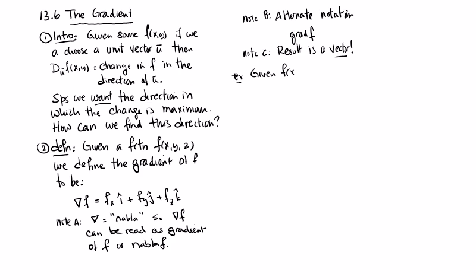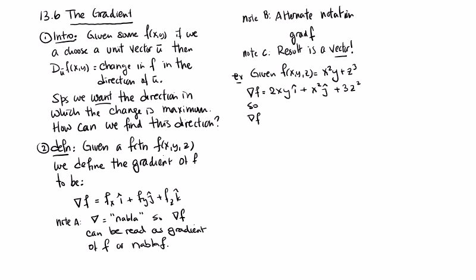So given a function like f of x, y, z equals x squared y plus z cubed, the gradient of f, I just take the partial derivatives. That's with respect to x, with respect to y, with respect to z. That's the gradient. And then we can plug in points.